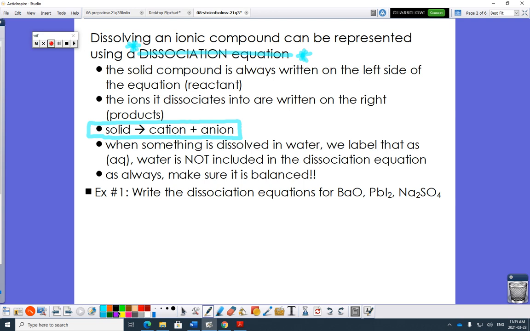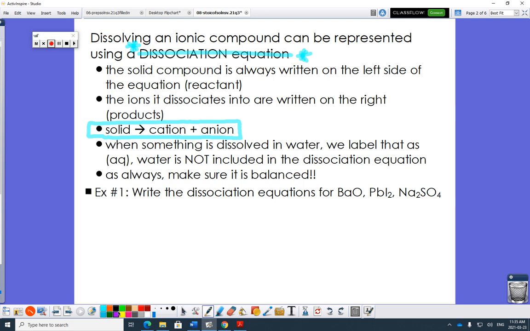So when you're asked to write a dissociation equation, so it'll say write a dissociation equation for sodium chloride, copper 2 sulfate, whatever, then you always put the solid on the reactant side or the left, and the ions it dissociates into go on the right-hand side.